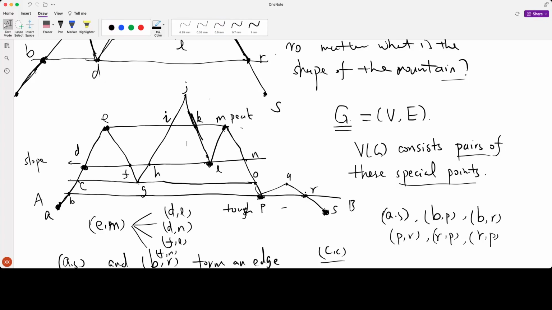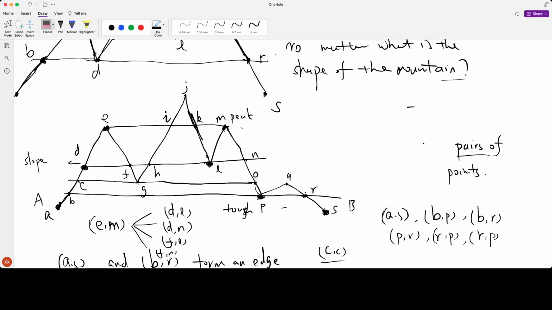So let's look at, I hope you remember this. I'll clean this to make some space for me to write down. For example, if I have a point EK, it will join an edge to DL, and also FL.